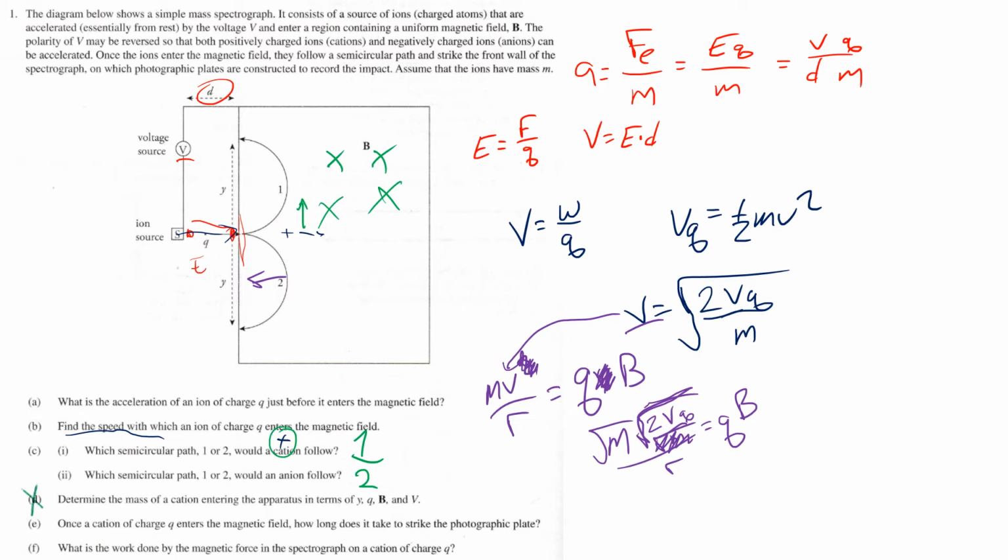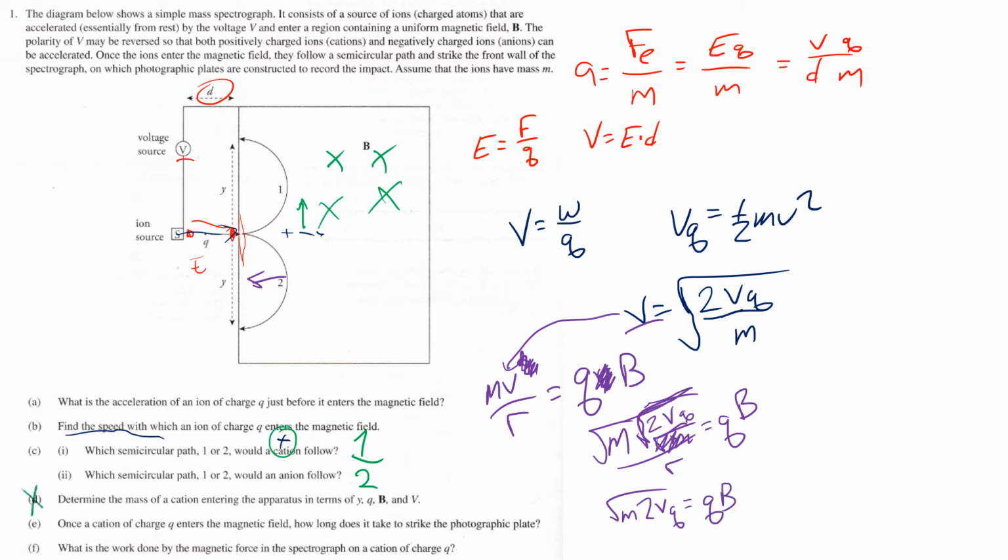So this will make it a little bit easier because we can merge those square roots, throw the r over. So we're going to get the square root of m 2Vq is equal to qB.